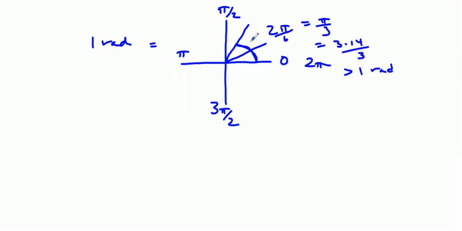So this was 60 degrees, which is just slightly bigger than 1 radian. So you should have a little reference point in your mind. We know that 2 pi or 6.28 is equal to 360 degrees, but 1 radian is approximately 60 degrees.